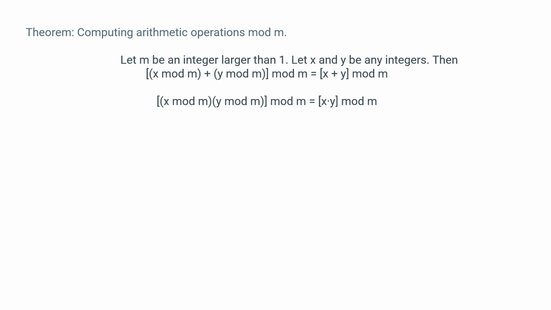Now, this is an interesting little theorem that is kind of a side note. We're not going to spend a lot of time doing problems like this, but it's talking about computing arithmetic operations mod m.